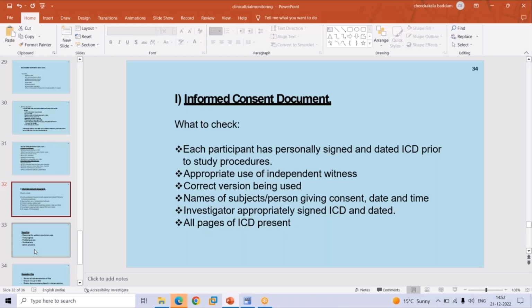Name, date, signature. Even the investigator should sign the informed consent. In that case, investigator name, signature, date. So all the pages of the informed consent form should be present.